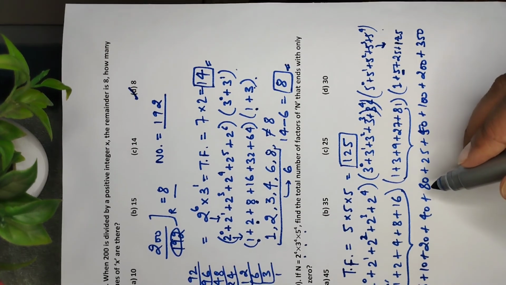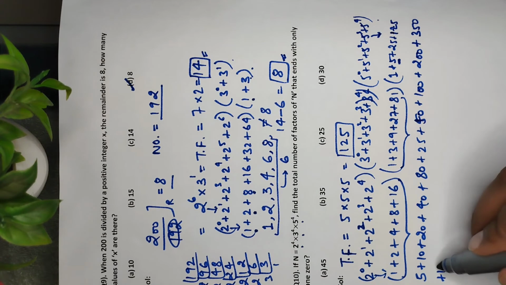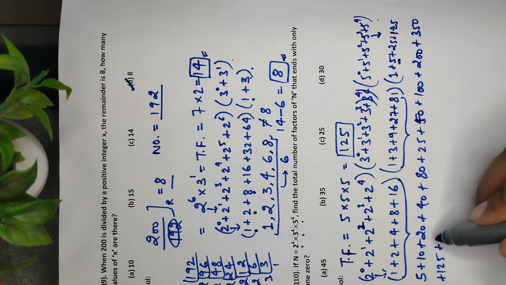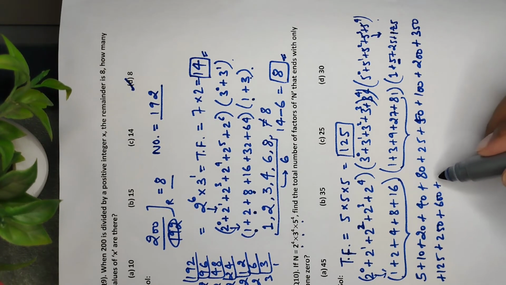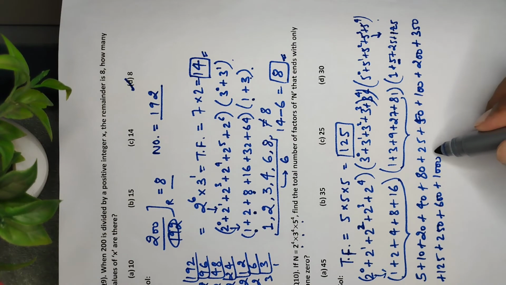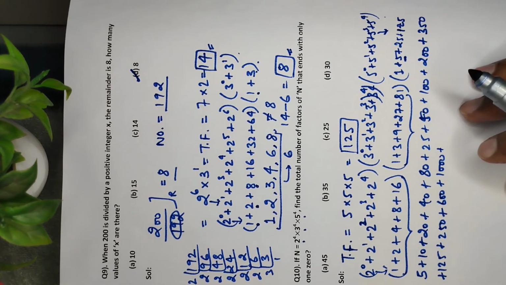When this 125 gets multiplied with all these numbers, I can write the numbers further as 125 with this one, 125 plus 125 2 times is 250 plus 600 plus 1000 plus you will get some number over here.